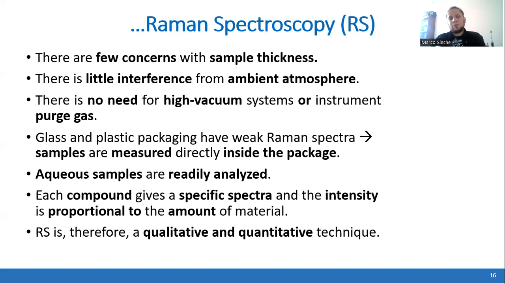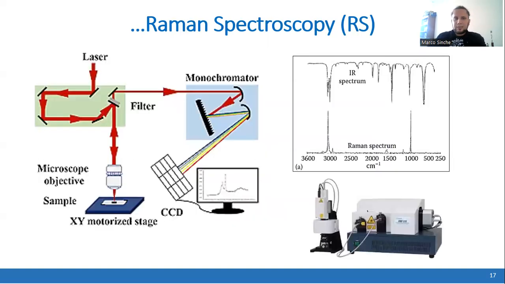Also, aqueous samples could be measured directly. They don't need to be dried. And each compound will give a specific spectrum with a characteristic intensity that is proportional to the amount of this material that is present in the sample. That is why this is a qualitative and a quantitative technique.